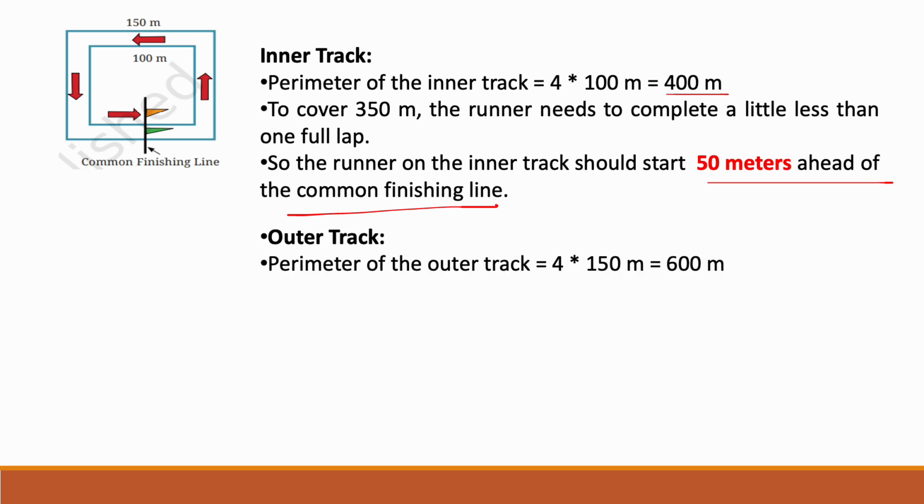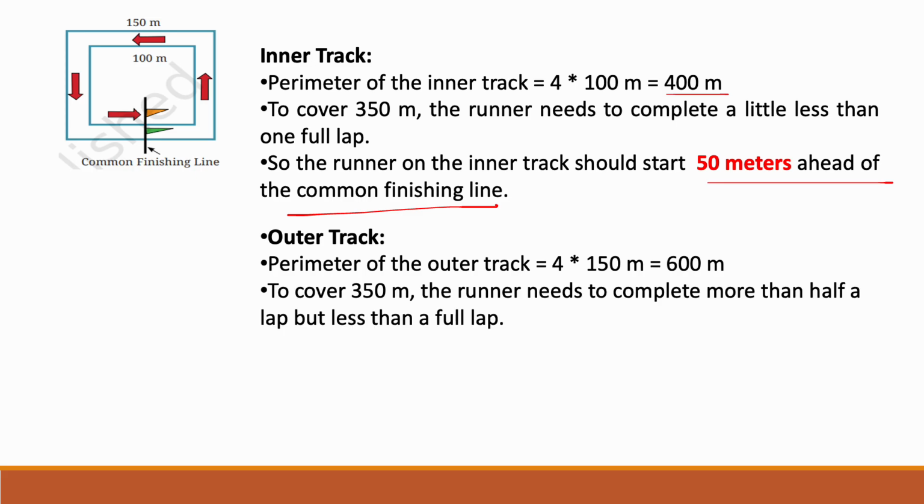Then what about the outer track? What is the perimeter of the outer track? It is 4 into 150 meter, that is 600 meter. Then this race is 350 meter.